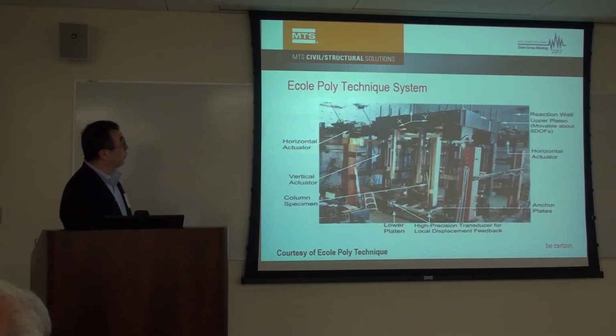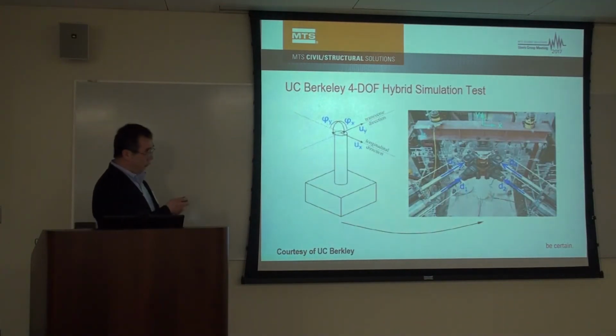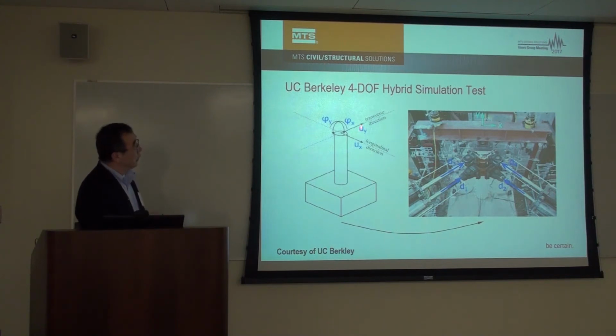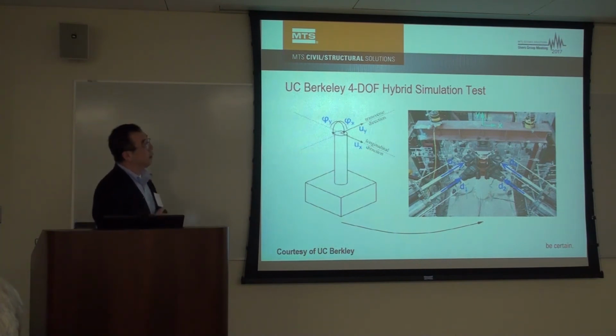Previously, all these systems were 6 degree of freedom. This is a 4 DOF system UC Berkeley did, with 4 loading actuators controlling 2 displacements and 2 rotation angles. These kinds of applications can be easily done by our degree of freedom control software.